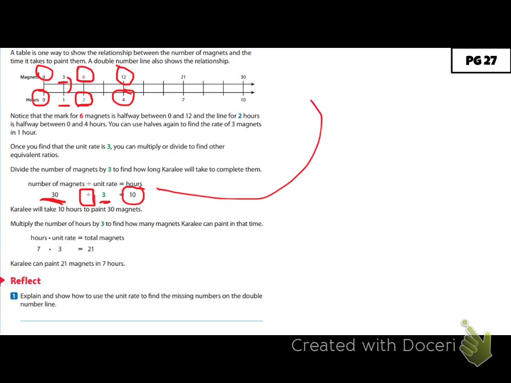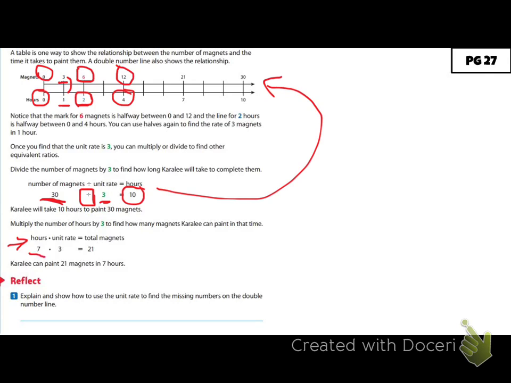And we see that right here. Carly will take 10 hours to paint 30 magnets. So next, you can multiply the number of hours by 3 to find how many magnets Carly can paint in that time. So looking at this right here, the number of hours times our unit rate will give us our total number of magnets.